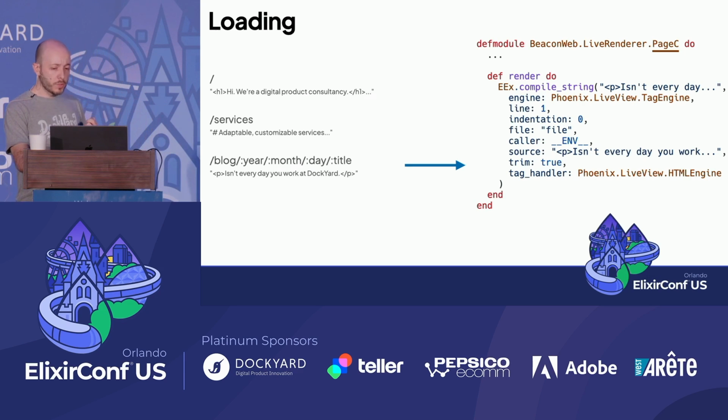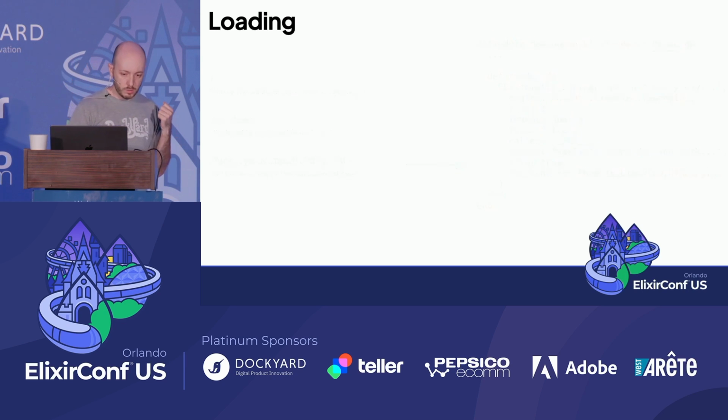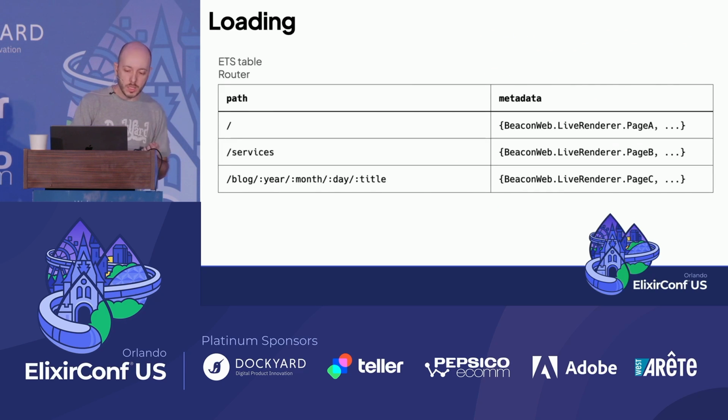All right, so after compiling a page module for each page, the last step is populating this ETS table. The key is the path, and we also store some metadata for each page, like the page module name.